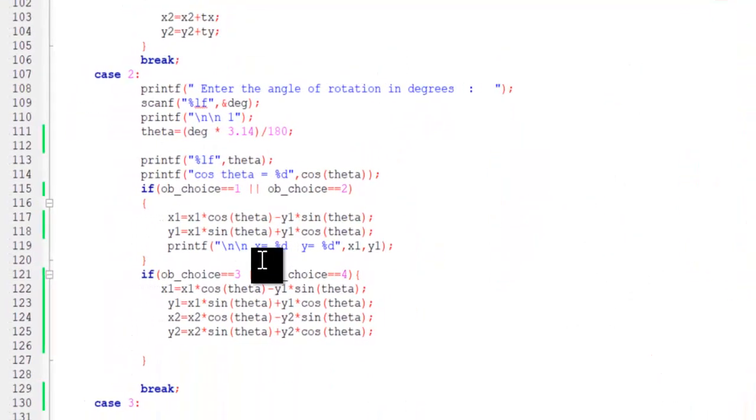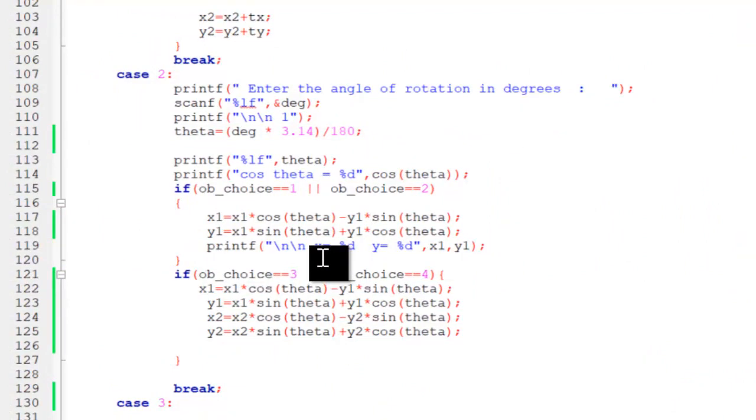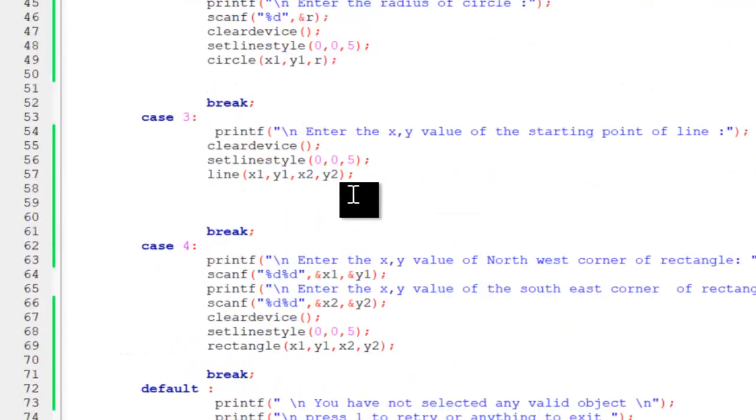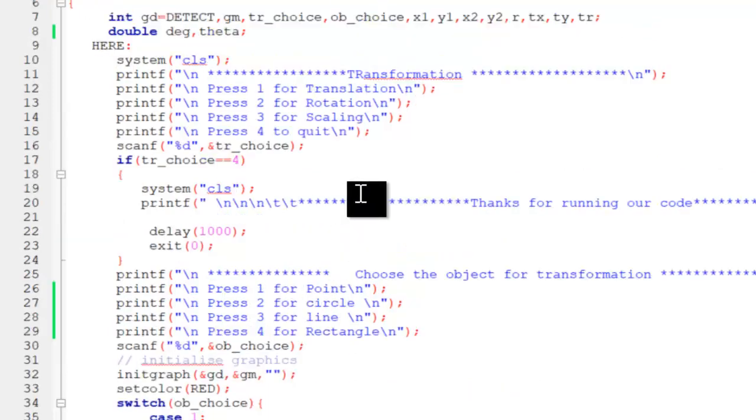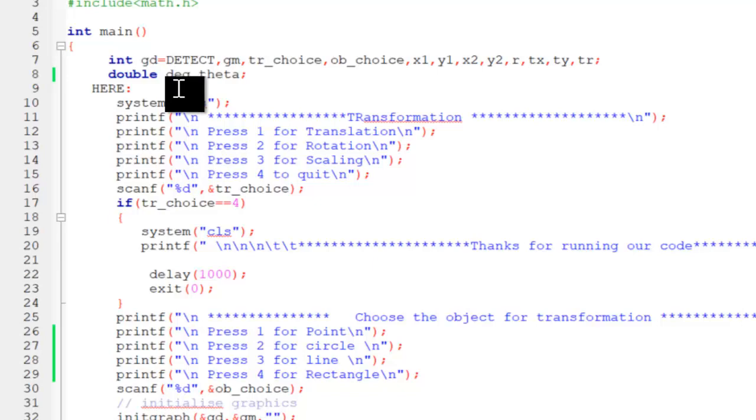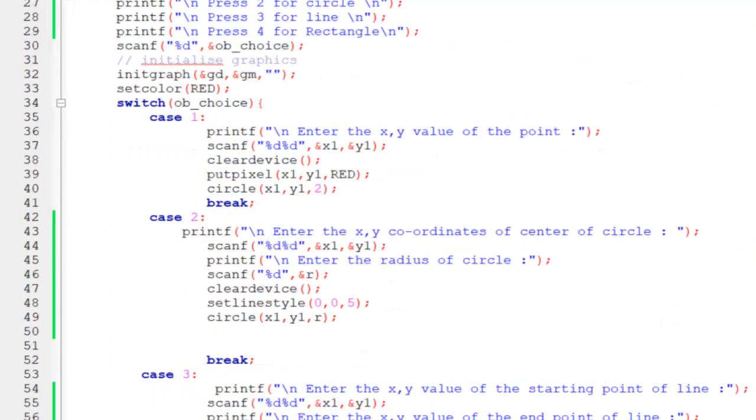If you see here, if you want to rotate, firstly I ask which angle of rotation in degrees, and I got degrees. Here I made a little change: I created degrees as double or float, and theta also, because there is a floating point operation.